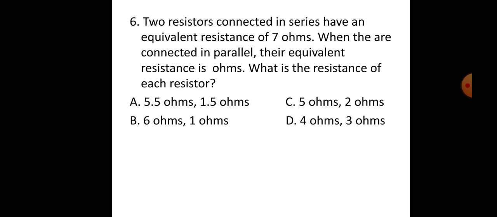What is the resistance of each resistor? There are choices here. Two resistors connected in series have an equivalent resistance of 7 ohms. When they are connected in parallel, their equivalent resistance is this.